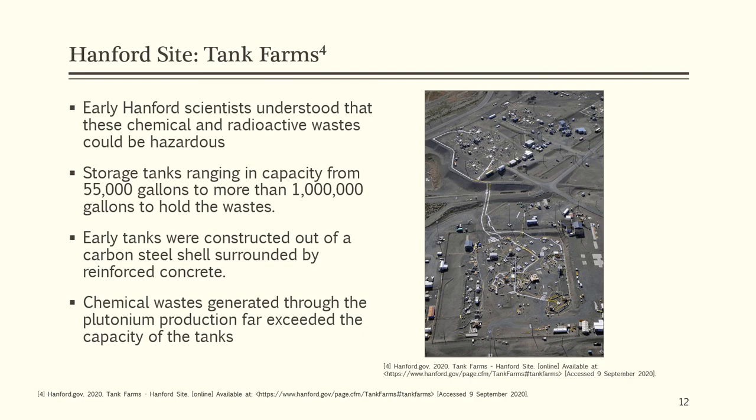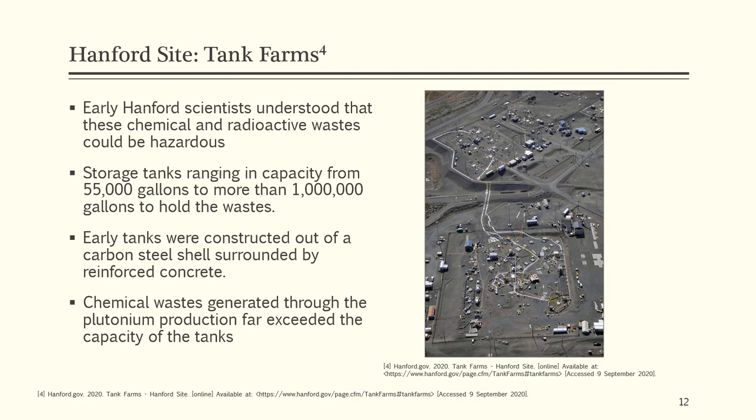So they built storage tanks that were about 55,000 gallons to more than 1 million gallons to hold waste. And they put these tanks in the near subsurface of the earth.